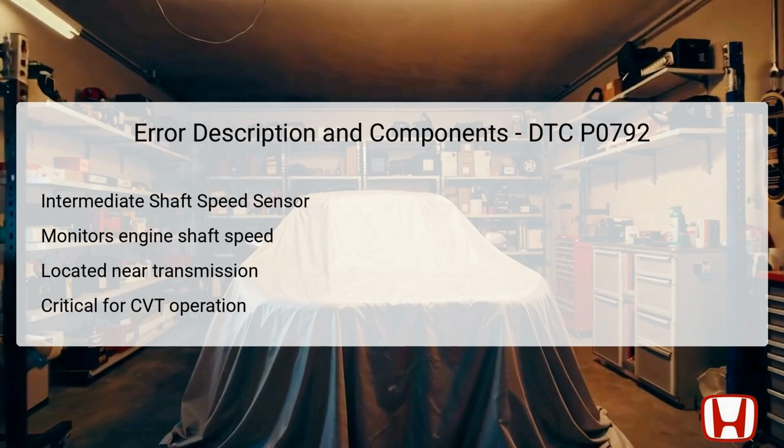Located near the transmission, this sensor communicates critical data to the Transmission Control Module, TCM, to optimize gear shifting and vehicle performance. If the signal from the intermediate shaft speed sensor falls outside of the expected range or doesn't perform as intended, it results in the P0792 code being logged in the vehicle's onboard diagnostic system.